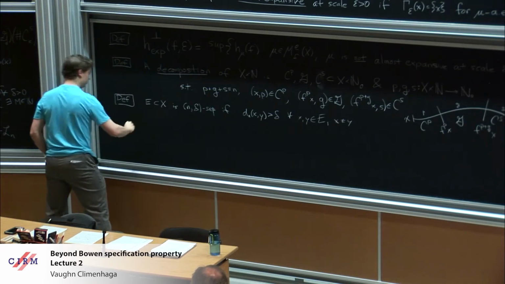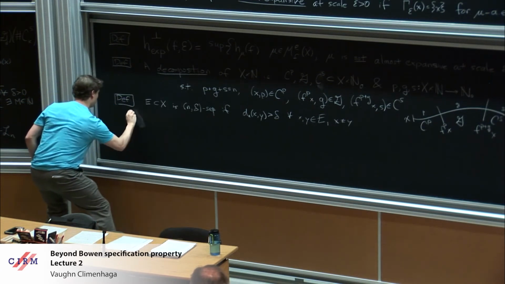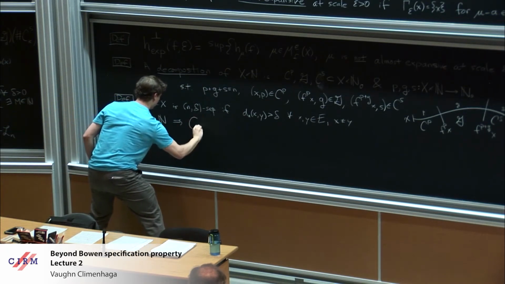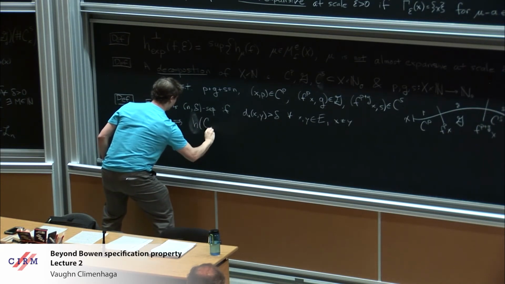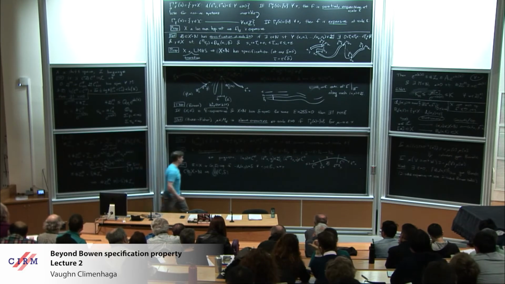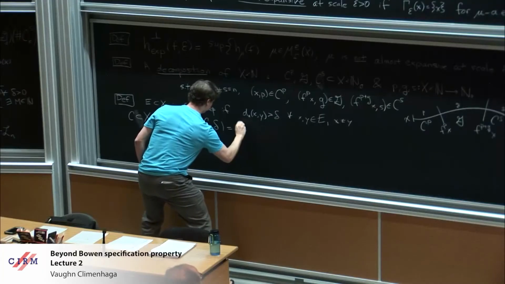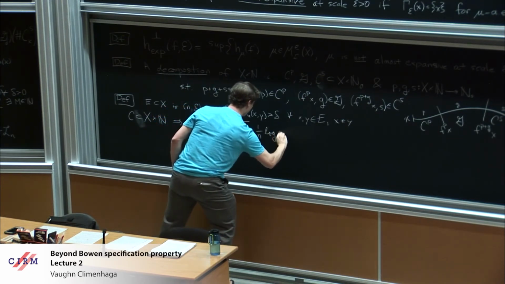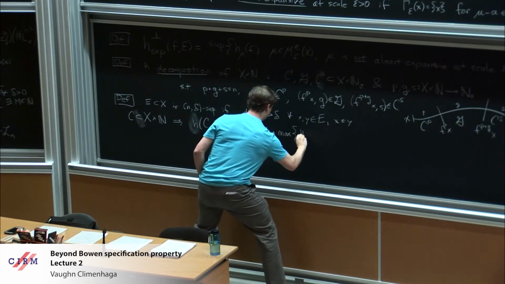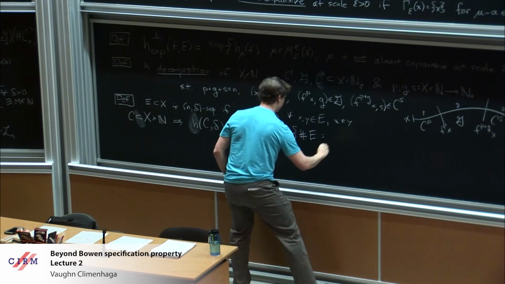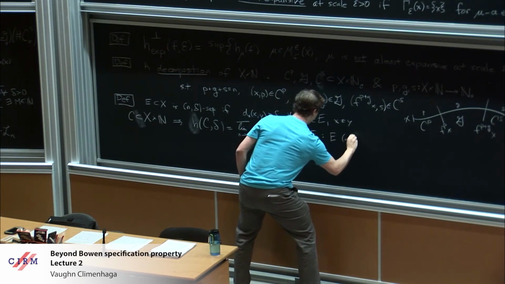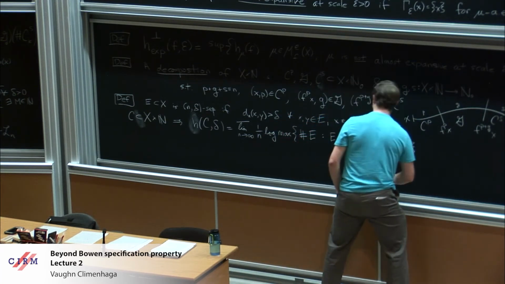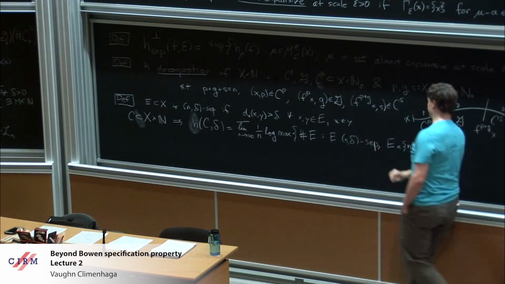And then we say that the entropy of a collection of orbit segments at scale delta is the exponential growth rate, as before, 1 over n log of the maximal cardinality of a set E, such that E is n,delta separated, and the orbit segments of length n starting at E are all in your collection.